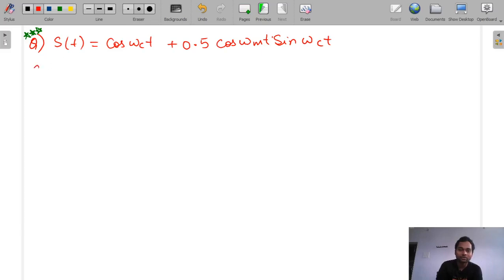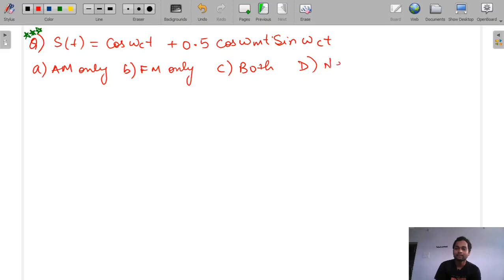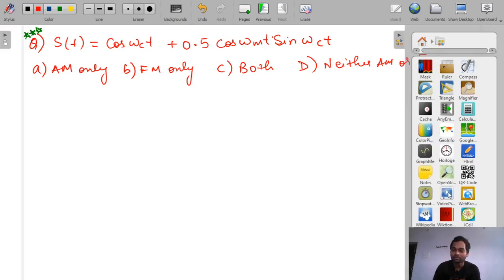They are asking whether this signal is an AM signal. Four options are given. Option A, AM signal only. Option B, only FM signal. Option C, both. Option D, neither AM nor FM. I will give you 1 minute to solve this question.